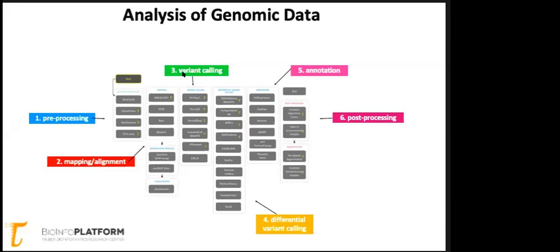So the first process here is, after we have done our sequencing, we need to pre-process the reads that emanated from the NGS. Remember, when we talked about NGS, we mentioned that not all reads have enough quality to give us high confidence about the calling of that read.